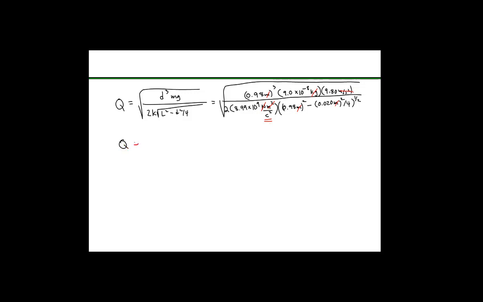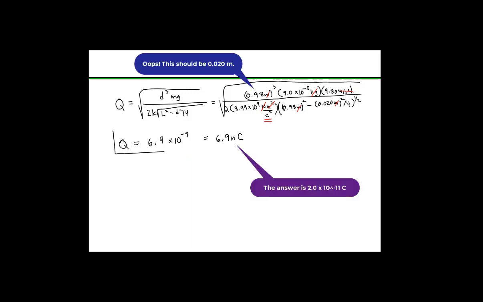So I am ready to plug this into my calculator. And I get a charge to two significant figures to be 6.9 times 10 to the minus 9, which is the same thing as 6.9 nanocoulombs.